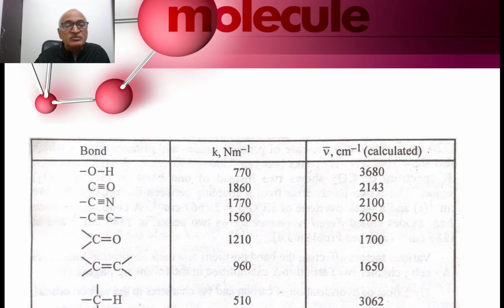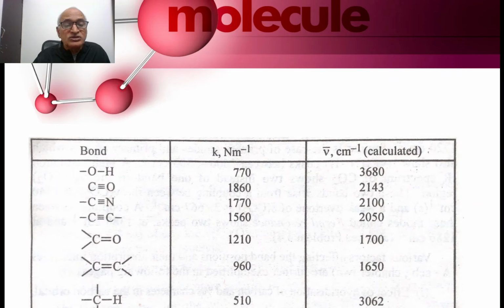First, triple bond is higher than double bond, which is higher than single bond. Second point, if a bond is more polar, then the K value is high and also the frequency is high. OH for example, C double bond O for example. You can compare C triple bond O and C triple bond C. One is polar, one is non-polar. Non-polar has lower K value and lower frequency of absorption.